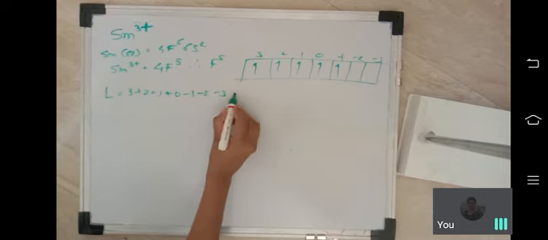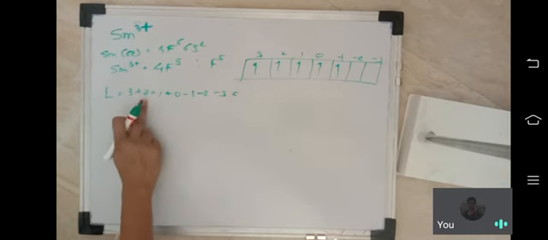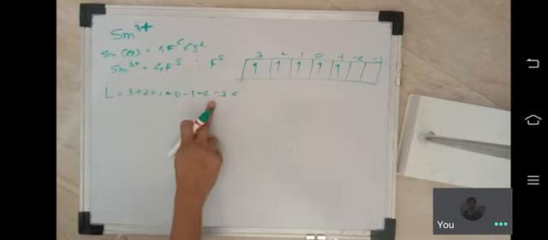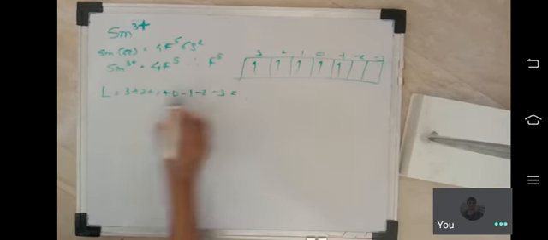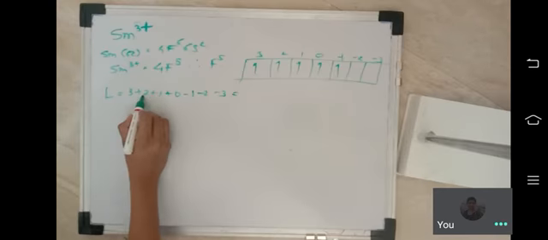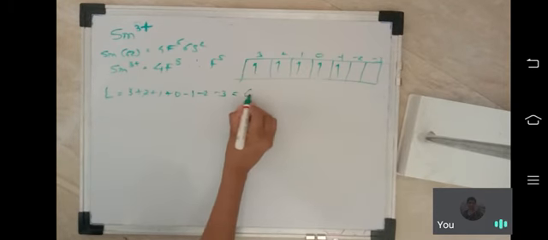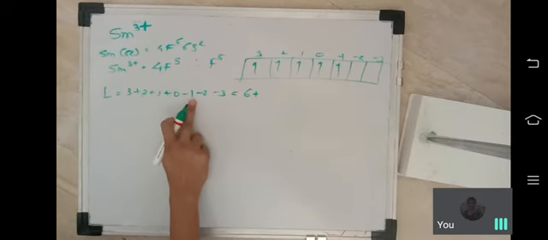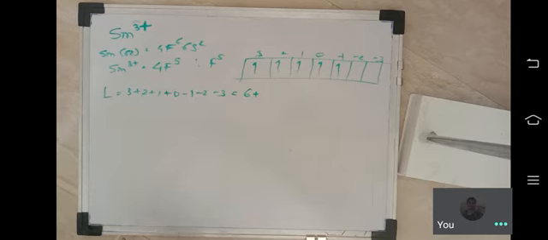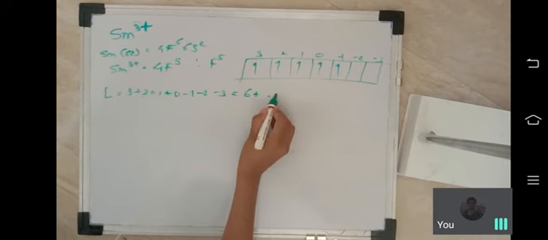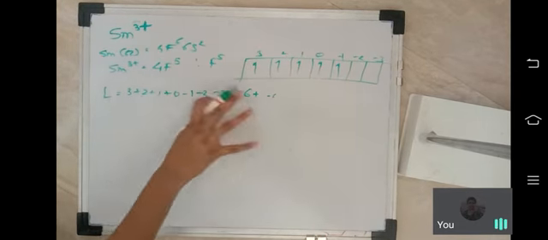Then the answer: 3 plus 2 is 5, 6. And 3 plus 2 plus 1 is 6. Okay. Plus here minus 1, minus 2, that means minus 6. Okay. Then you get the answer here.